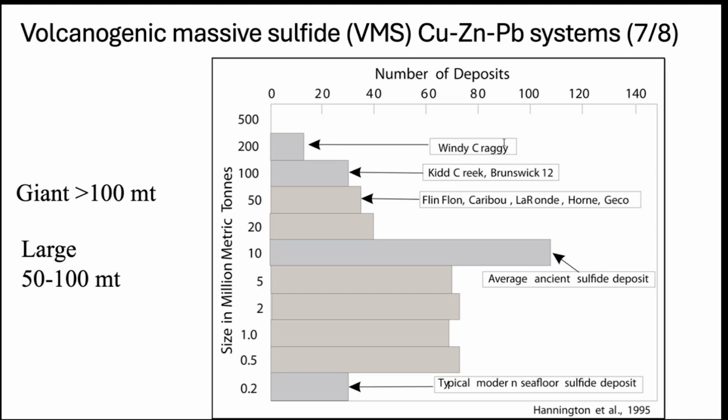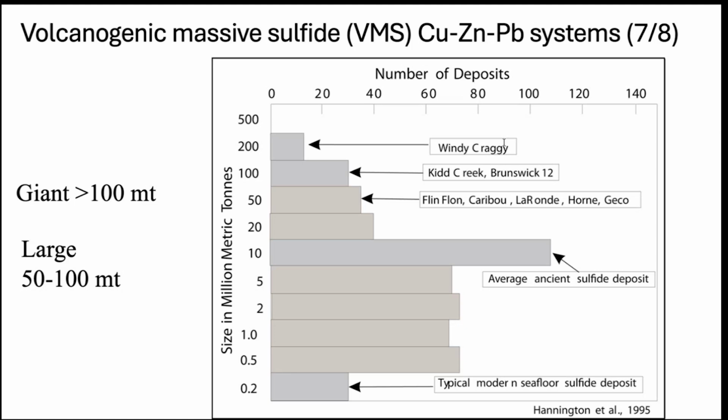It's called a Besshi type because it's similar to the kinds that formed in the Besshi district in Japan. It'll never be mined because it was going to go into production, and then some controversy arose about where it is. You'd have to travel through American waters to get the ore out because of the Alaskan Panhandle, and Al Gore got involved, and various environmental groups in Canada got involved, and so eventually it was turned into a national park. But it's a massive system.